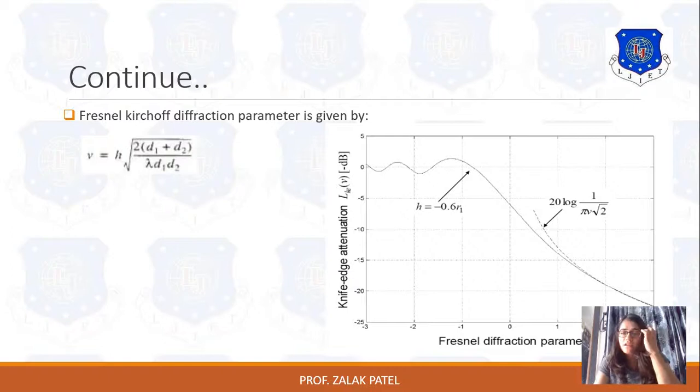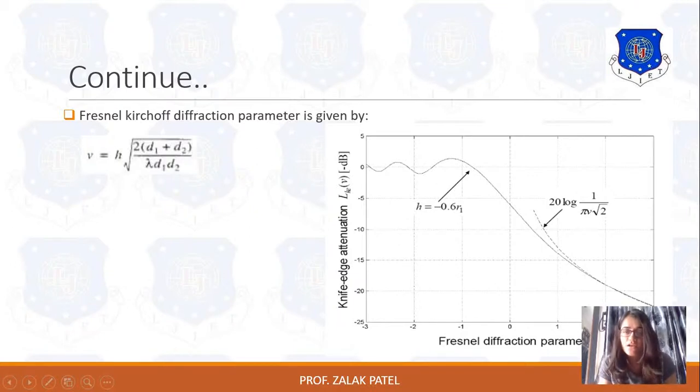Here we take one relation of knife edge diffraction attenuation as a function of the Fresnel diffraction parameter. From the given figure, you can conclude that at a particular level of knife edge attenuation, the Fresnel diffraction parameter is increasing.